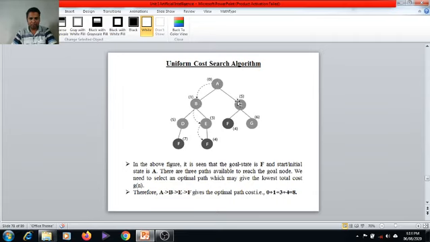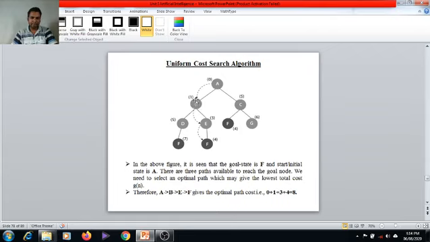B and C. The cost to reach node B from A is 1, and the cost to reach node C from node A is 5. And 0 is the cost of reaching node A from node A, that's why it is 0. So out of these 2 path costs, 1 is less than 5. That's why A will expand in this direction towards B.